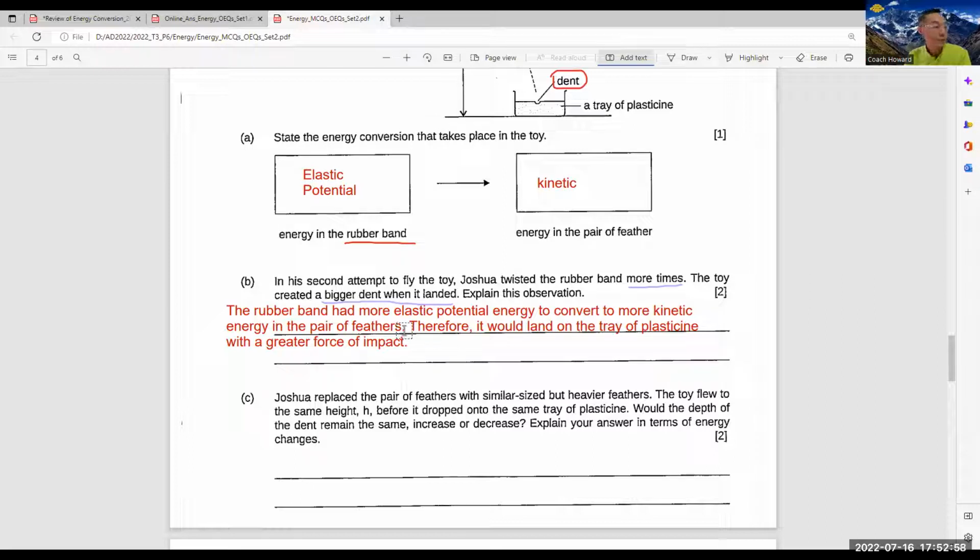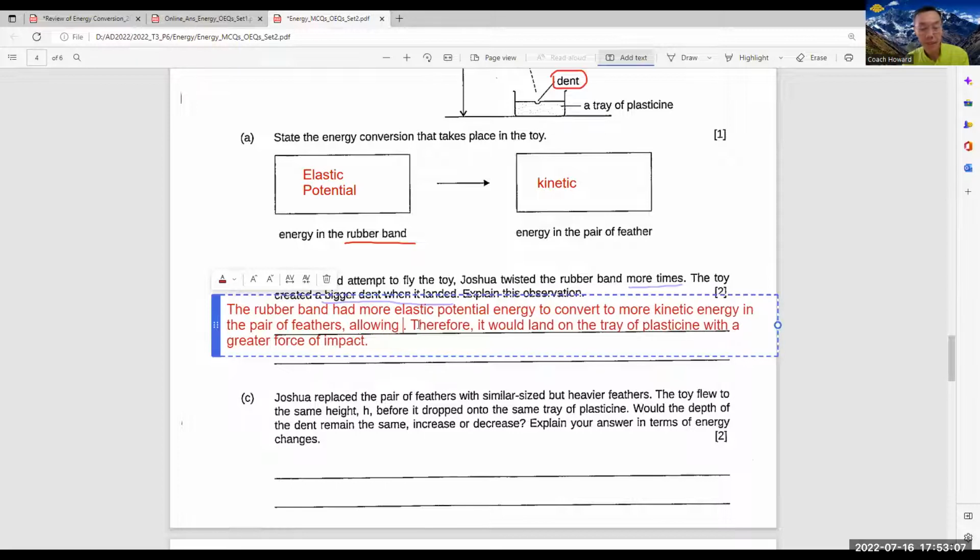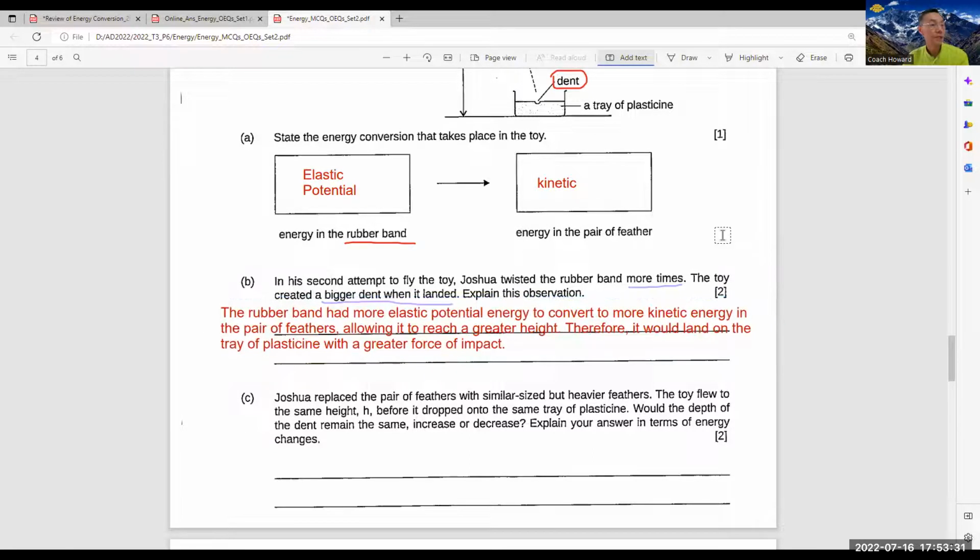Maybe I add in some points: allowing it to reach a greater height. Therefore, it would land on the tray of plasticine with a greater force of impact. So you fly higher, so you will impact with a greater force.